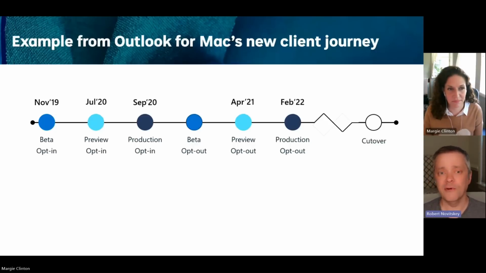But we'll give you an example here from Mac Outlook. You'll see that the beta opt-in for the new Mac Outlook started in November of 2019. And it was only February of last year, so 2.5 years later, that they finally reached production opt-out, where all users, when they booted into Classic Mac Outlook, got a notice, and then they were given the new Mac Outlook.